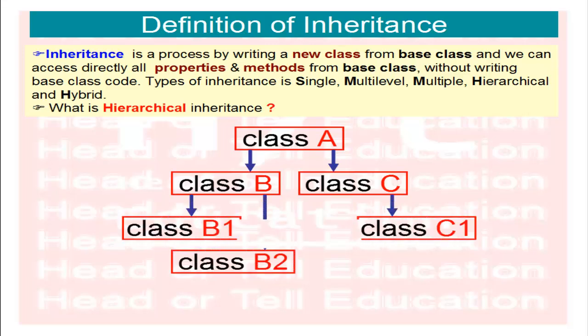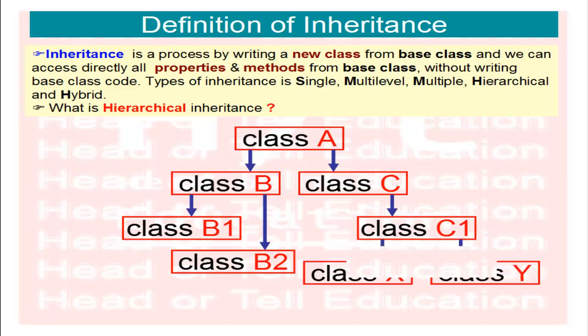Then again we derive class B1 and B2 from class B, and one more class C1 is derived from class C. Next, again we derive class X and class Y from class C1.